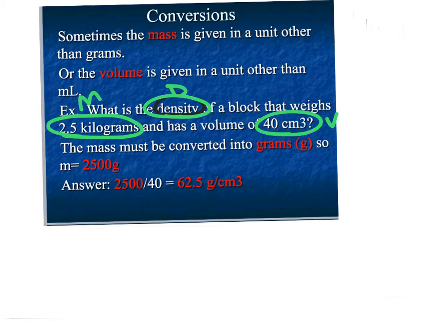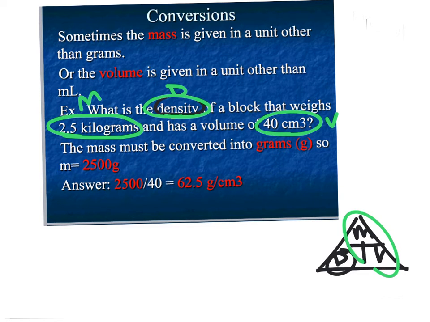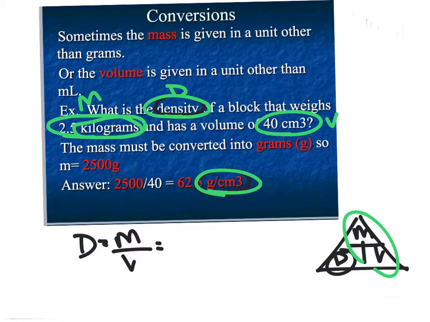Okay, so down here we have our triangle, D. Got distance stuck in my head here. Distance, mass, and volume. So we're looking for this guy, so we're still going to be dividing like that. So our density equals mass over volume. We have to make sure if we're going to do grams per cubic centimeter, we have to convert these kilograms into grams.